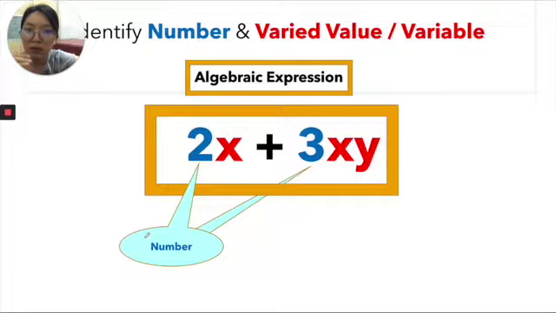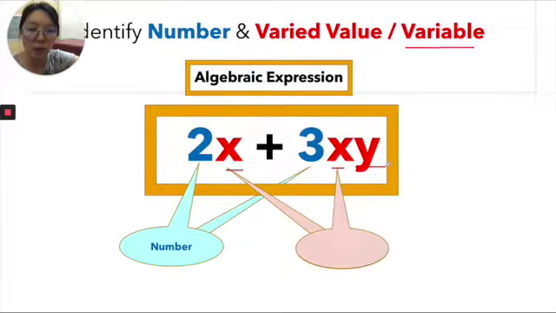And last lesson we have learned what is called a variable value, 变数, or we can also call it a variable. So for a variable which is changing and we do not know, we always represent it with alphabet. Therefore, x and y, they are called variable value or variable.